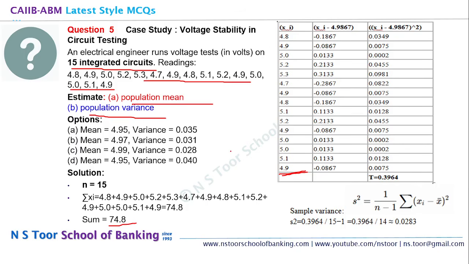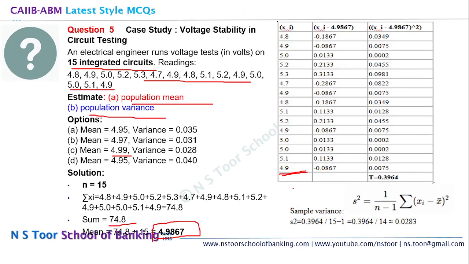Now I have to calculate the mean. How shall I calculate the mean? 74.8 divided by 15, that is 4.9867, will be my mean. So hopefully 4.99 should be your answer for this. 4.987 will be my mean, which I have to keep in mind.